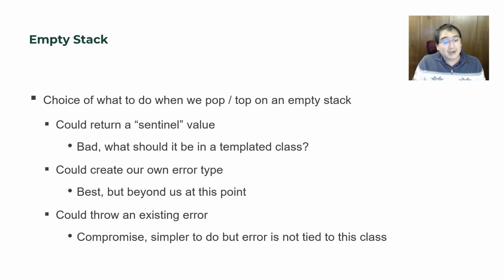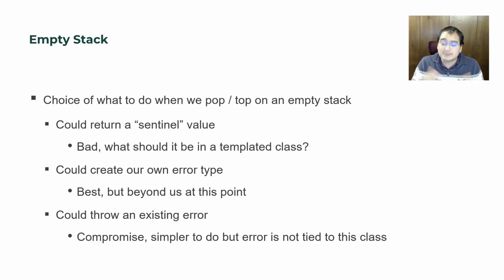A perhaps better option would be to create a specific error type. For instance, we might make a custom error type called something like stack operation not allowed, or stack doesn't work on empty.